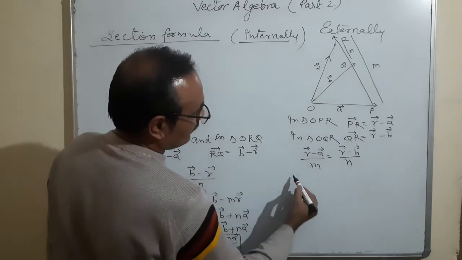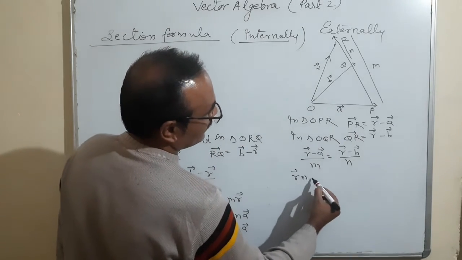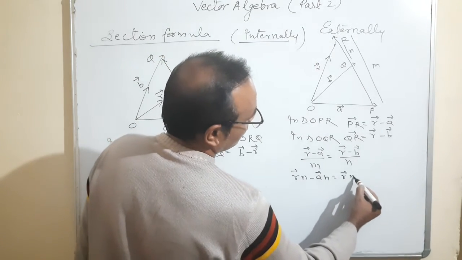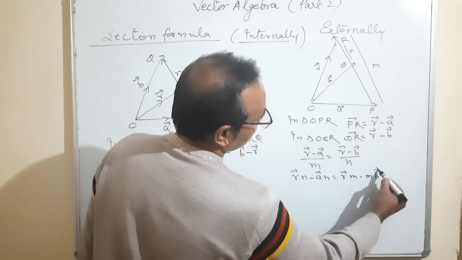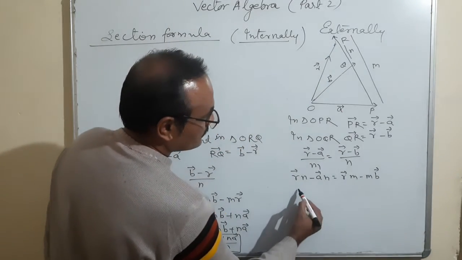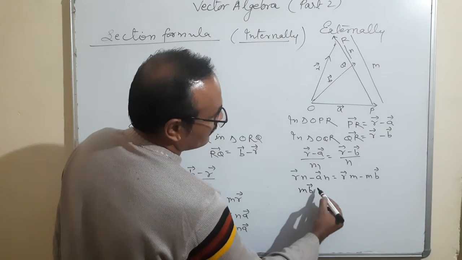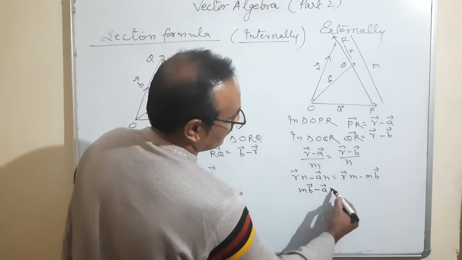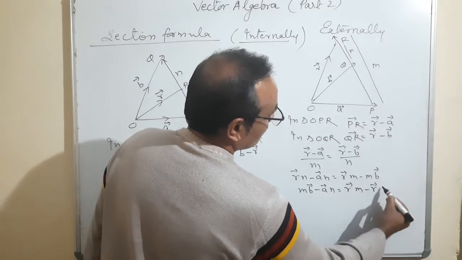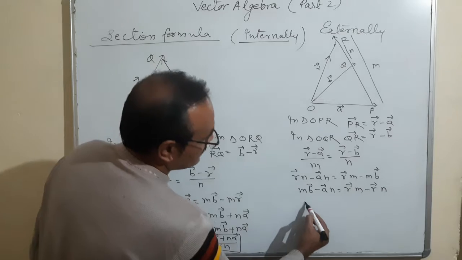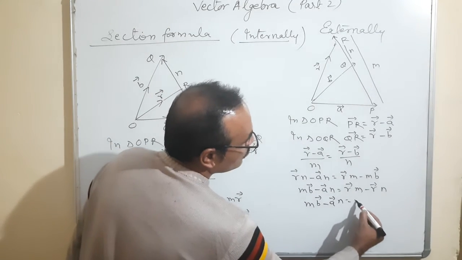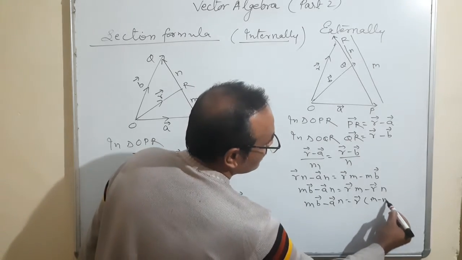Cross multiply, vector R N minus vector A N is equal to vector R M minus M vector B. Okay. We'll shift this R that side and M is here. So M vector B minus A vector N is equal to vector R M minus vector R N. It is M vector B minus vector A into N is equal to R vector common M minus N.